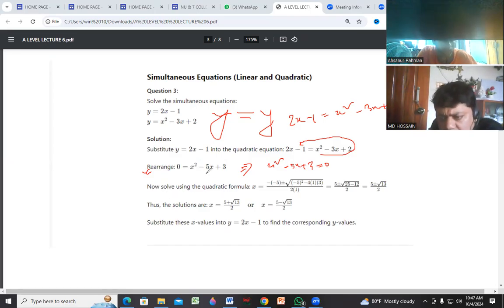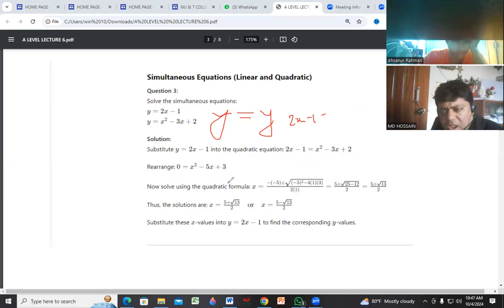If you have a look at this equation, is it possible to apply the middle term factor? Can you apply middle term factor? Check. No, sir.